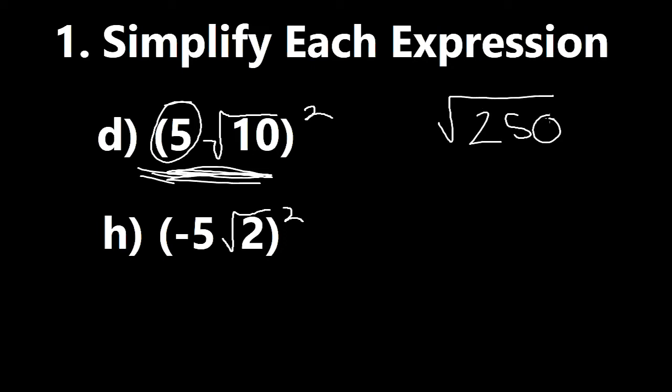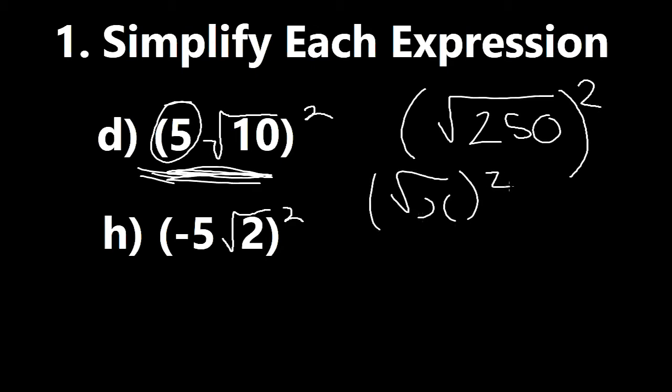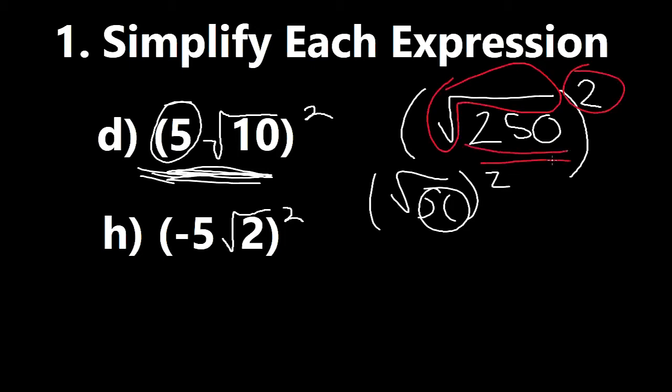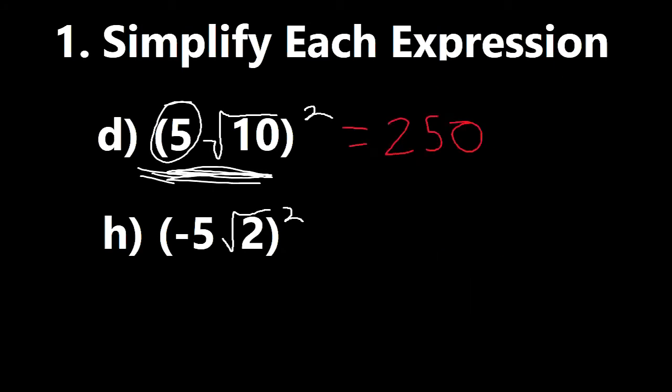But we also need to make sure that we remember this square out here. And remember, now we can use rule 1 straight away. If we have any number rooted and then squared, it's that number underneath the bracket. As we can see, we are rooted and we are squared, so we can just use 250 for our answer there.